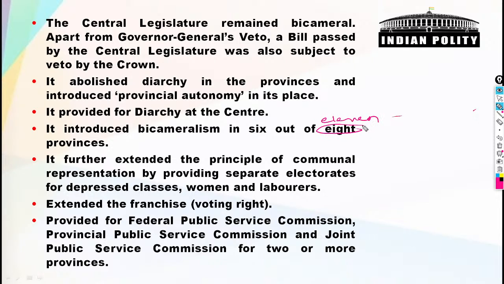Such 6 provinces were Bengal, Bombay, Madras, the 3 principal areas, then Bihar, Assam, and United Provinces.